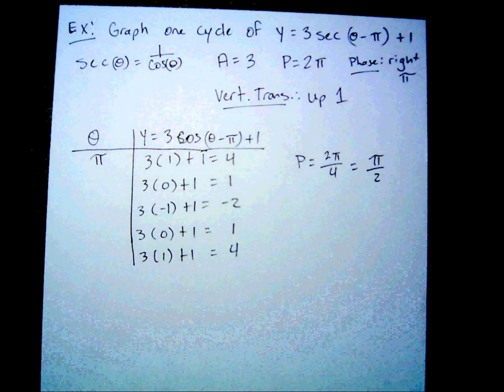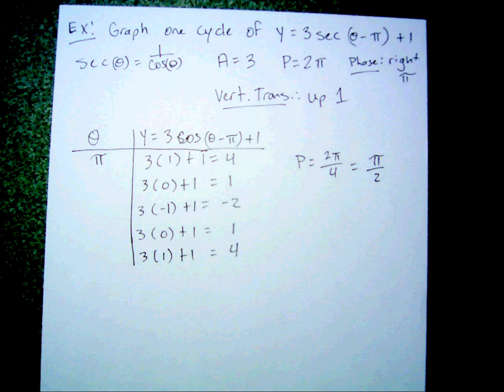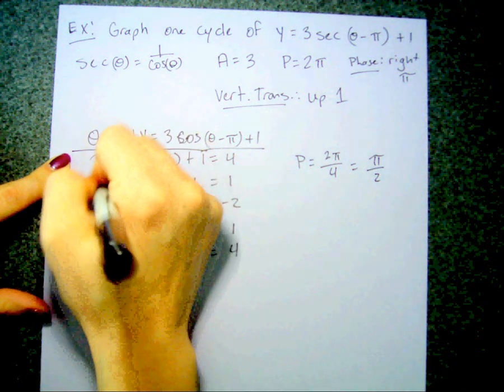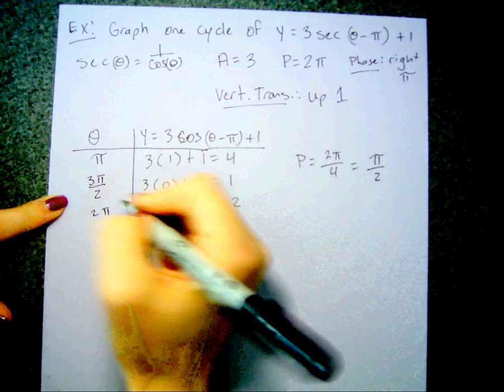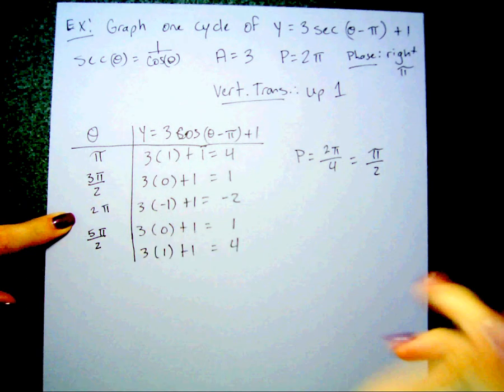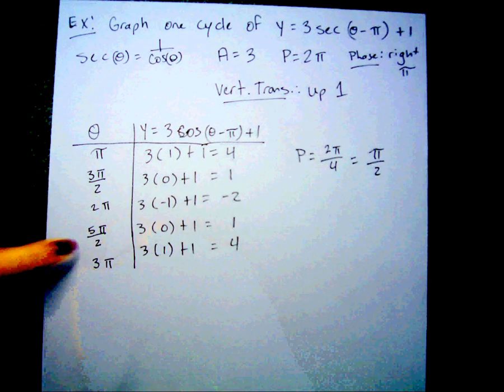So this is what I'm going to add to my starting value over and over to get the other 4 quarters. So pi plus pi over 2 gets me 3 pi over 2, plus another pi over 2 gets me 2 pi, plus another pi over 2 gets me 5 pi over 2, and then adding pi over 2 again gets me 3 pi.